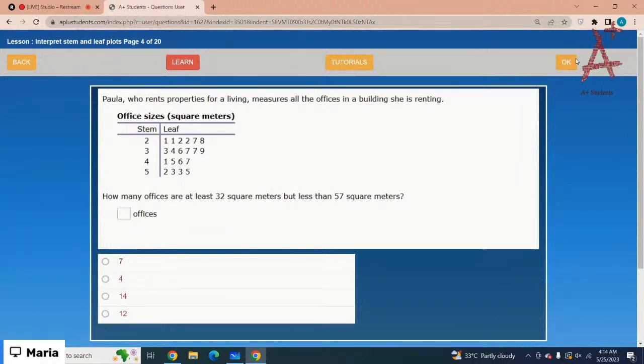Okay, Paula, who rents properties for a living, measured all the offices in the building she is renting. How many offices are at least 32 square meters but less than 57 square meters?